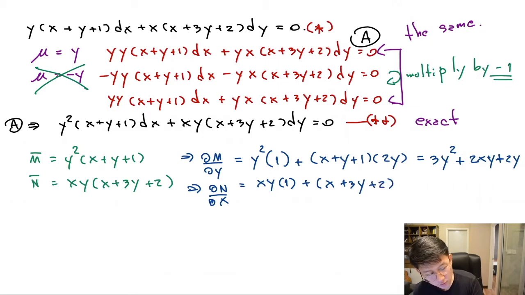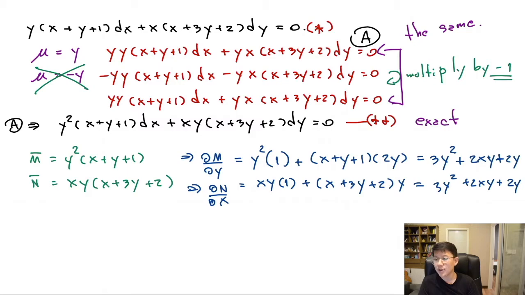So we have 3y squared plus 2xy plus 2y. They are the same, which means this equation, double star, is actually exact.